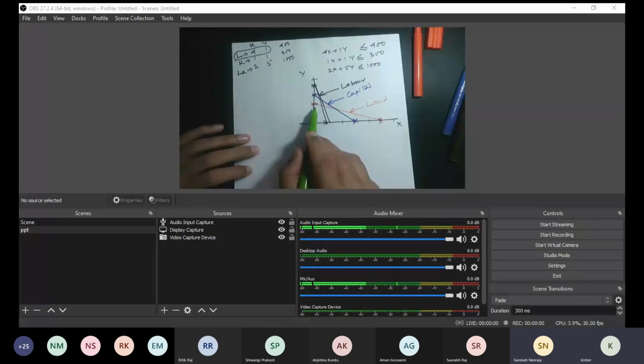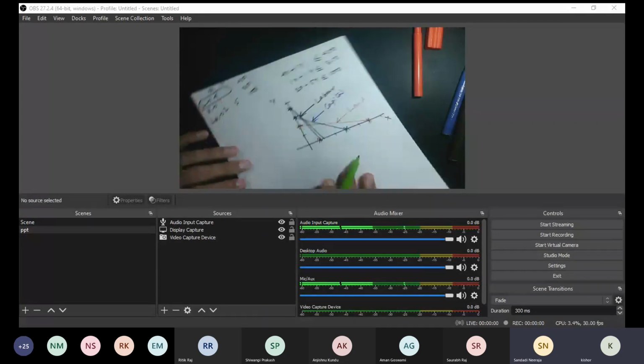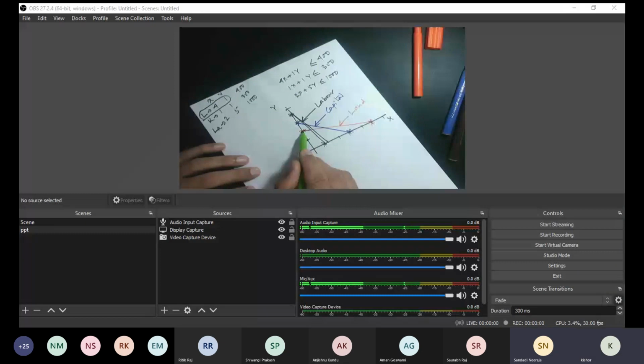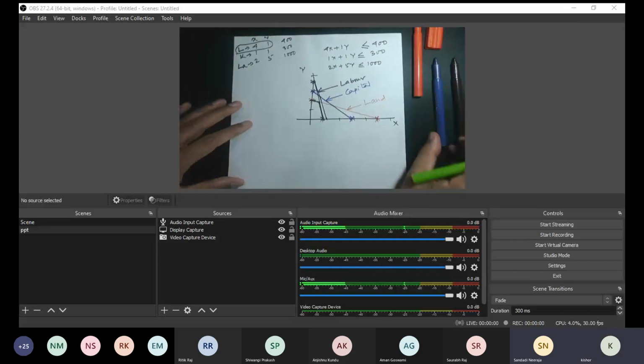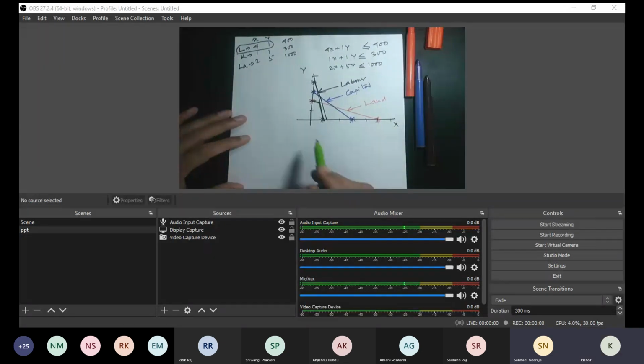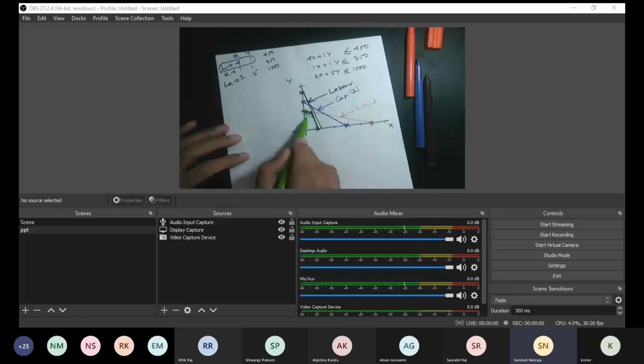If we choose this particular area or region, the shaded area, including its boundary line, the green colored area including the boundary line, then what is happening in this particular area?